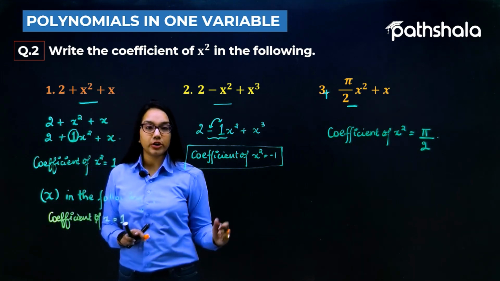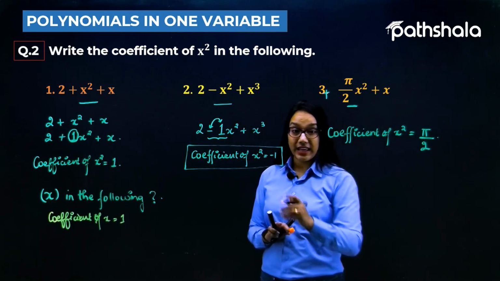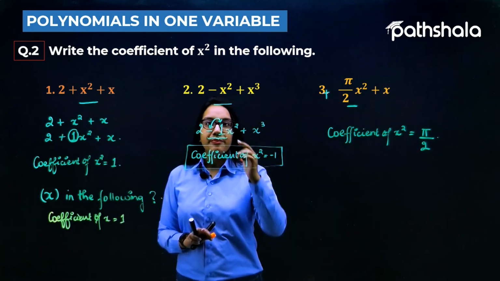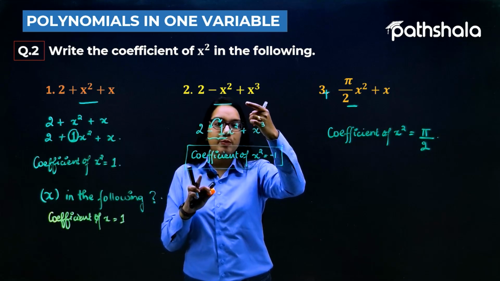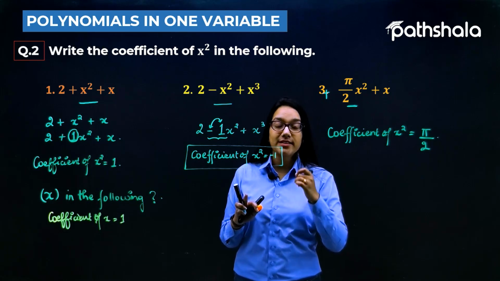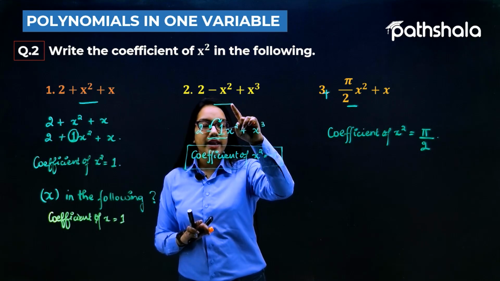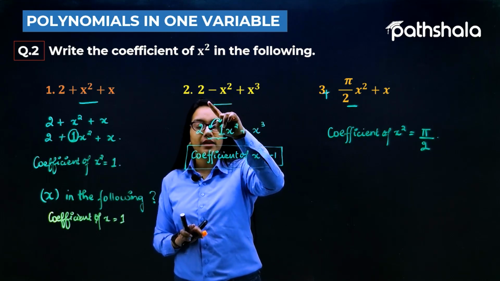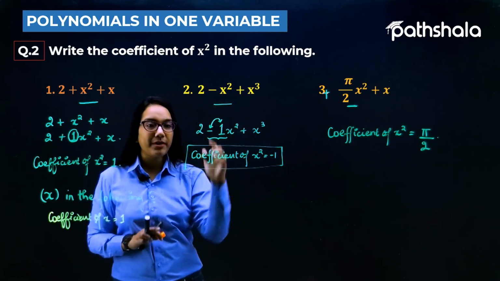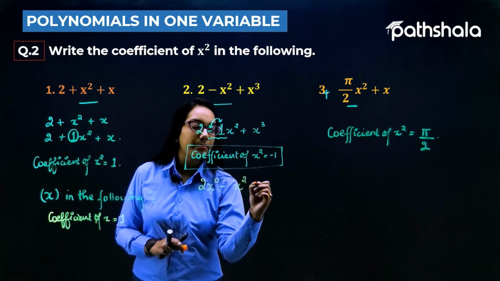Let's move on toward the second part. We have to look out for the coefficient of x in the second part. As we can see, there is no expression x having the power 1, because there is a variable x having the power 3, a variable x having the power 2, and a variable having the power 0, because 2 minus x square plus x cube can be expressed as 2 into x raised to the power 0 minus x square plus x cube.